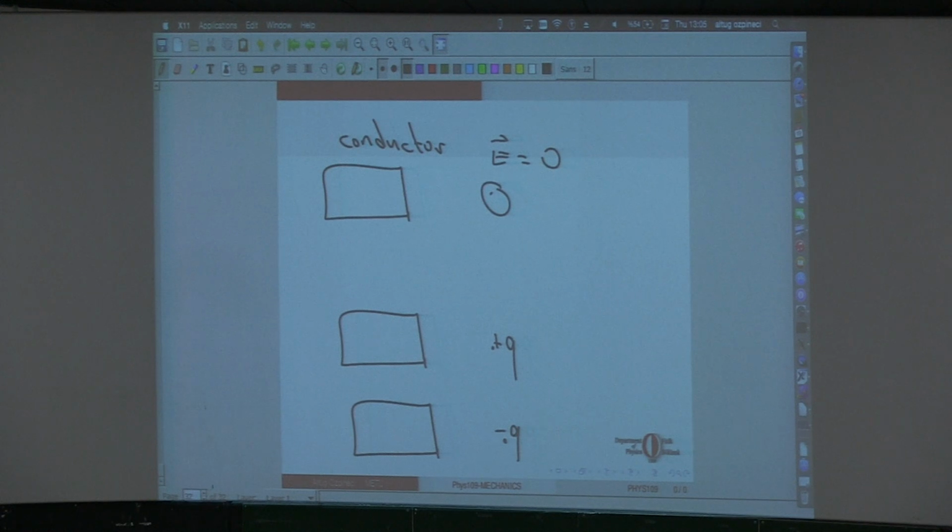Now this is a conductor. Since it's neutral, we said that the electric field is zero because at every point there are positive charges and negative charges in equal amounts, equal densities. So if one creates an electric field at this point in this direction, the negative charges will create an electric field in the opposite direction, so the net electric field will be zero. But if we bring a positive charge, it will attract the electrons, which are free to move inside the conductor.